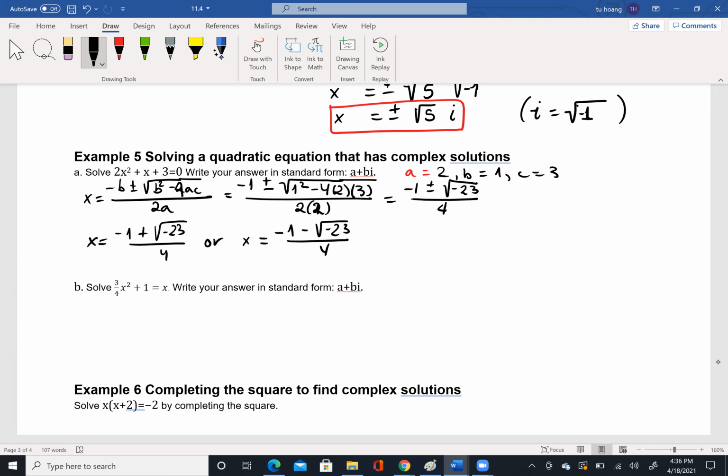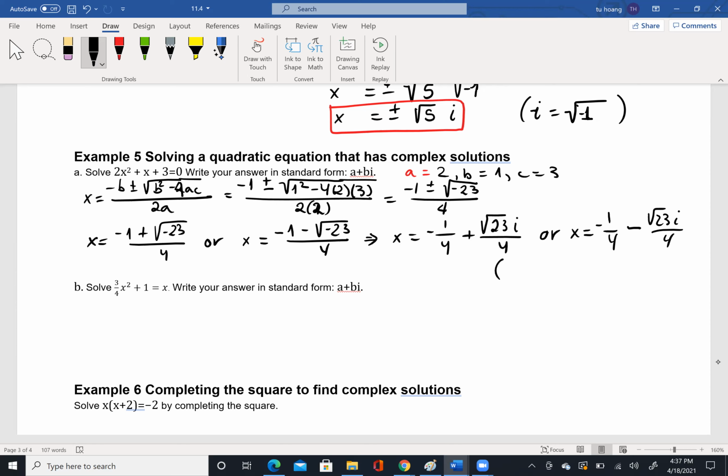And applying the fraction property, I can have x equals negative 1 over 4 plus the square root of 23 times i, divided by 4, right? Or x equals negative 1 over 4 minus the square root of 23 times i, divided by 4.